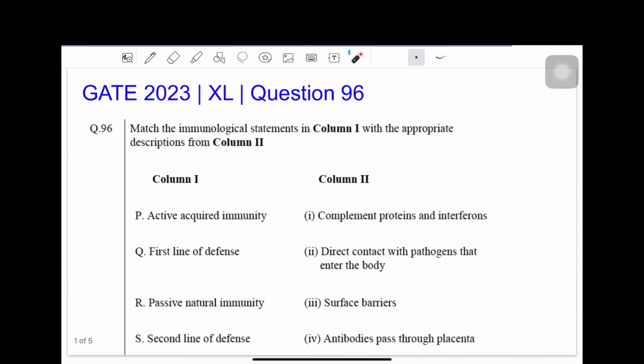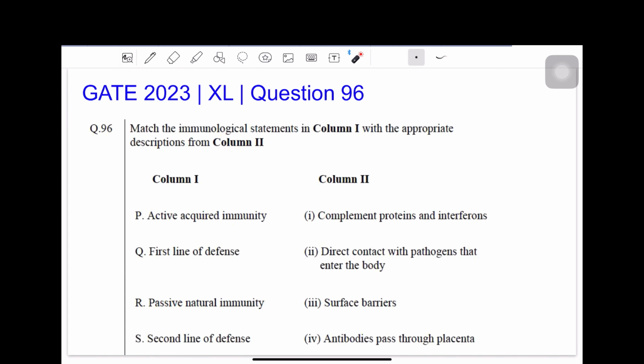Now, if we come back to the question, the first term was active acquired immunity. And as we have discussed, active acquired immunity is developed when we have direct contact with the pathogens that enter the body, and the body's own immune system generates those antibodies to kill the pathogen.